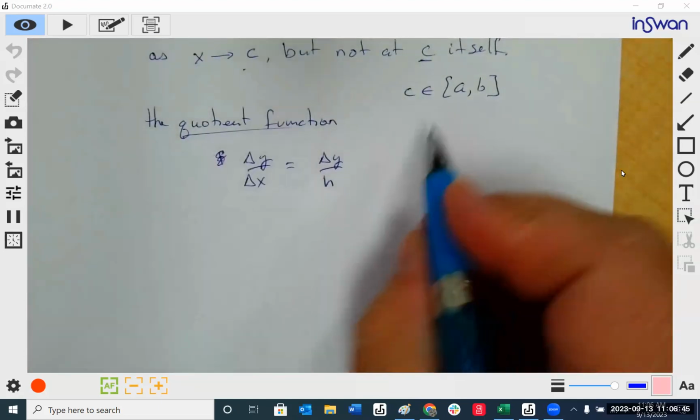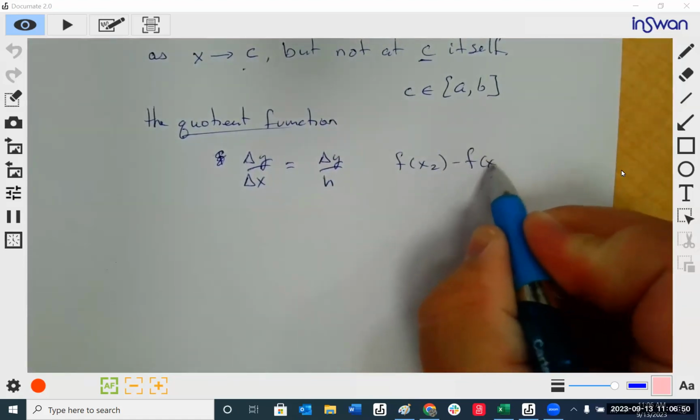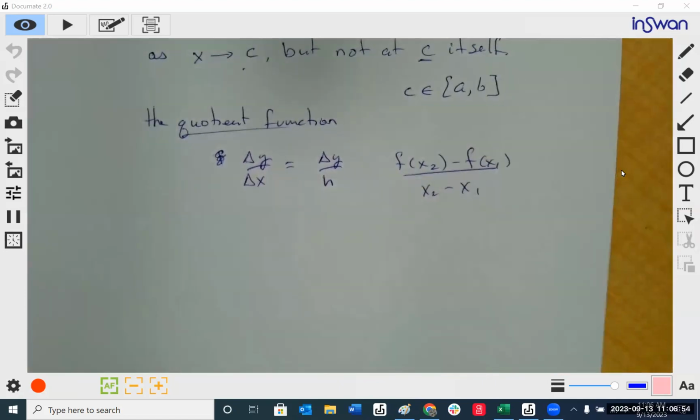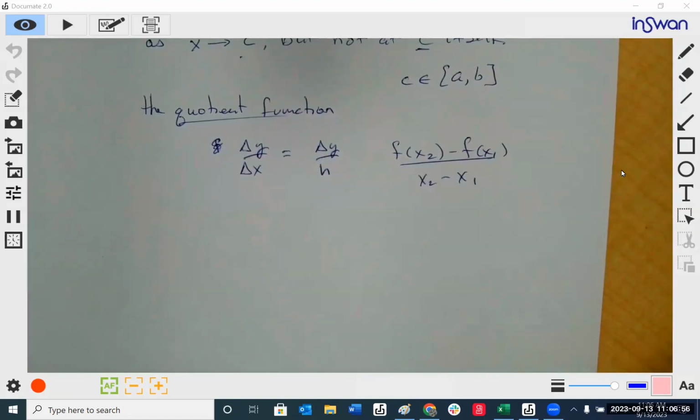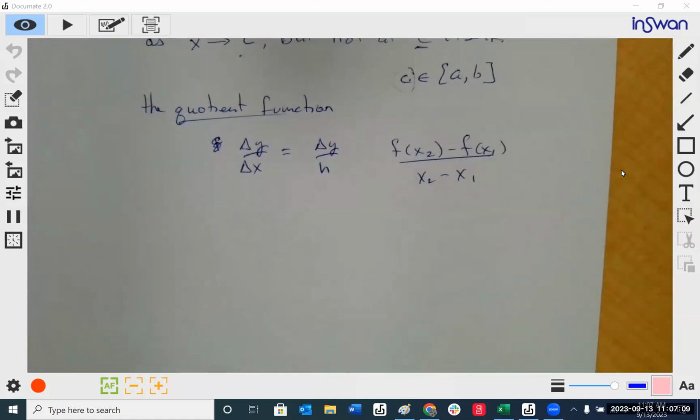When we talk about the quotient function, that's what we're looking at. The whole object is we're trying to find the rate of change, the slope of a curve at a given point. That's what the point is at C.